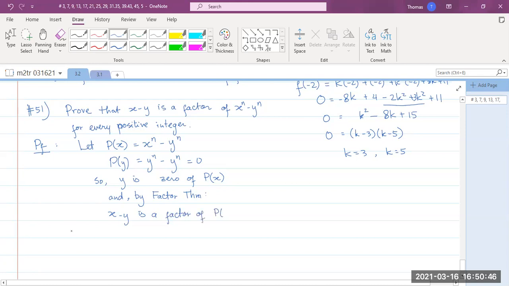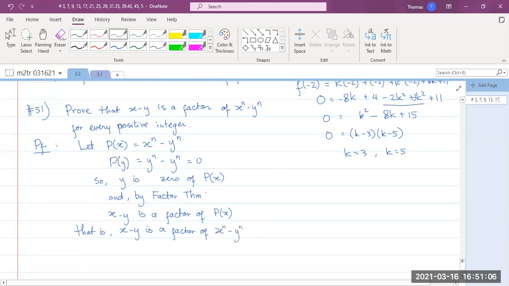That is, x minus y is a factor of x to the n minus y to the n.